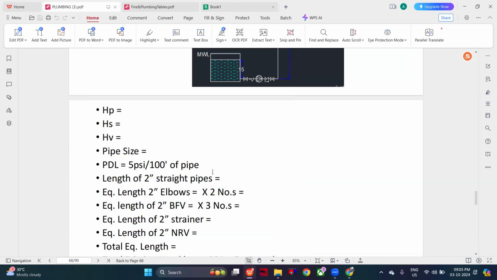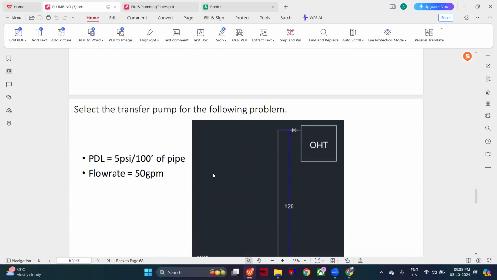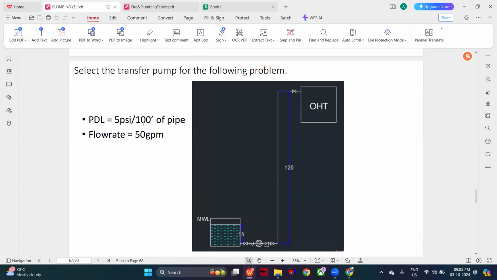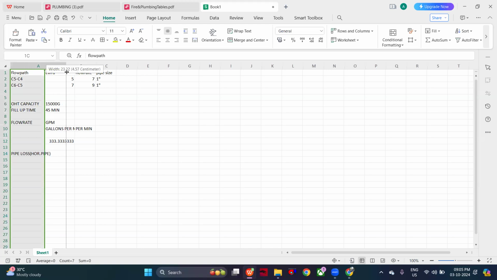Once again, you have to consider first of all the horizontal pipes, because the vertical pipe we took as a static loss.